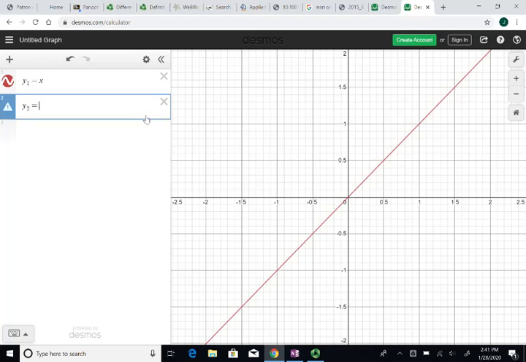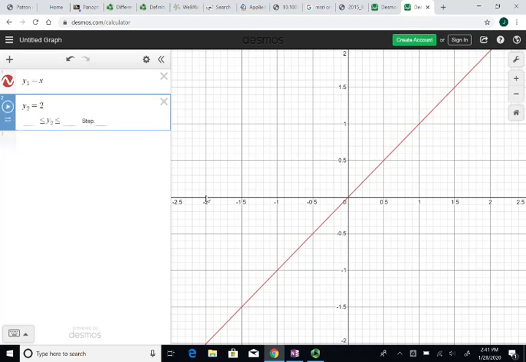Let's say L is 1, to make it easy, so I don't have to write so much.